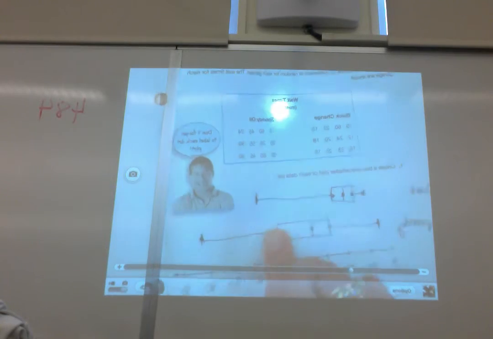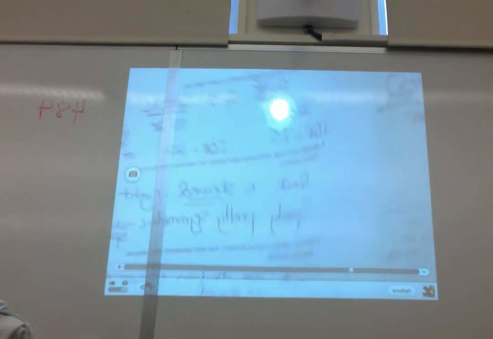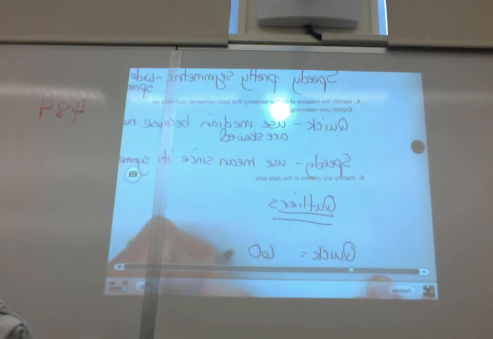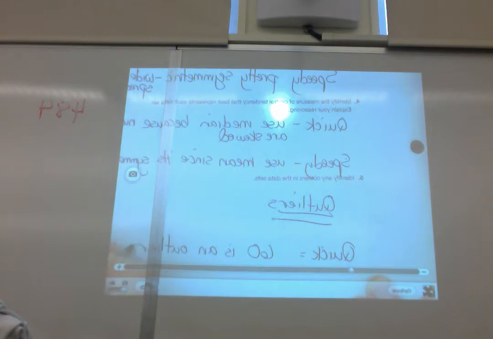Okay, so for QuickTime, 60 is an outlier. And for speedy, 85 is an outlier.